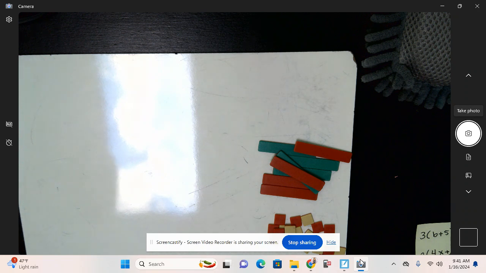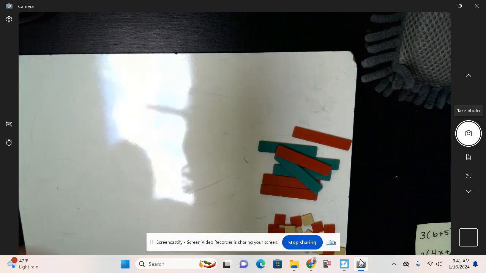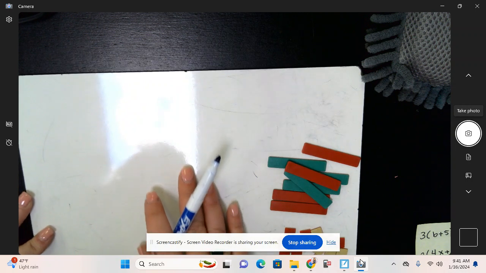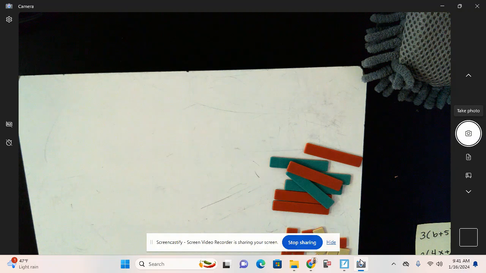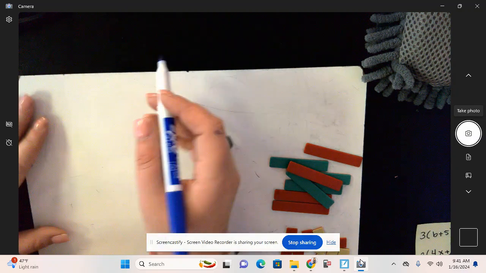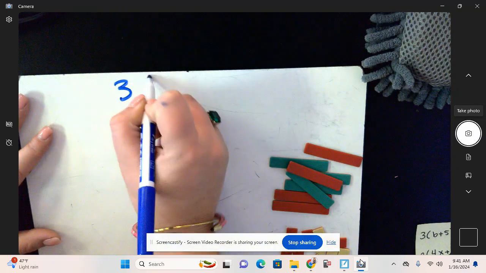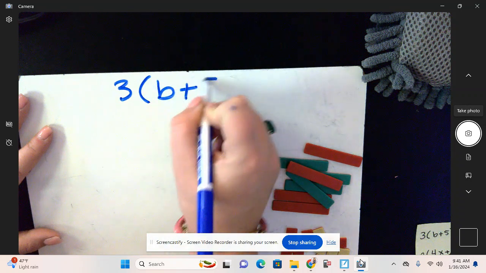All right. So we're going to build some examples of the distributive property using our algebra tiles. So the first problem we're going to start with, and I'm going to turn off this front light so there's not a glare. Okay. I want you to copy on your board 3 parentheses b plus 5.